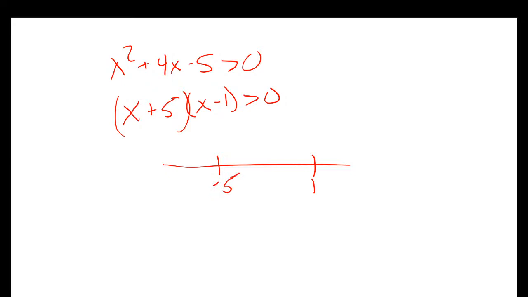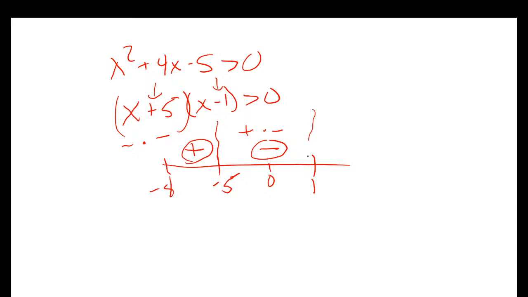Anything to the left of negative 5, call it negative 8. If you plug in negative 8, this is negative, this is negative, so two negatives make a positive. Plugging in the number between negative 5 and 1, we'll call it 0, the first piece is positive, the second piece is negative, so that makes it a collective negative.